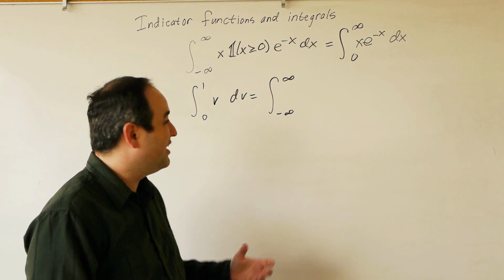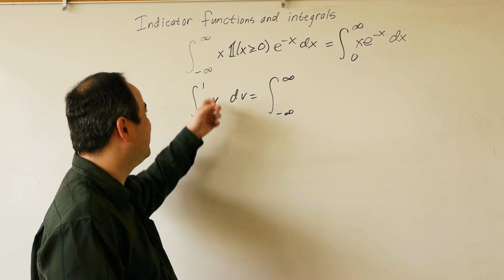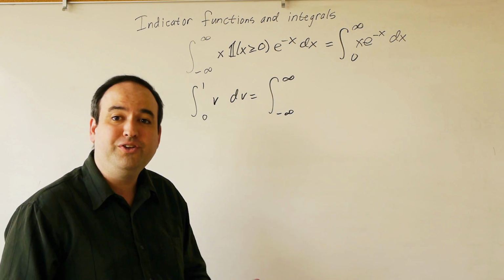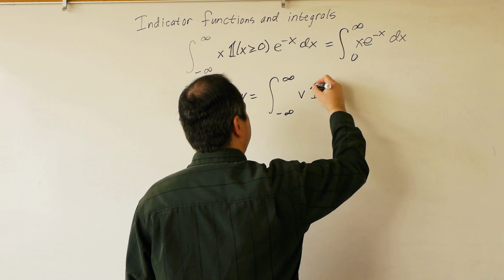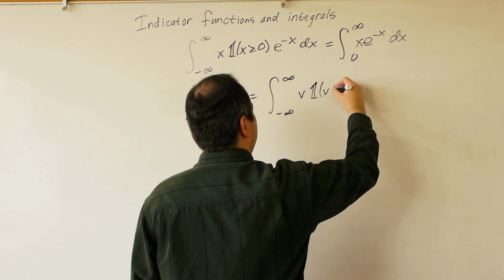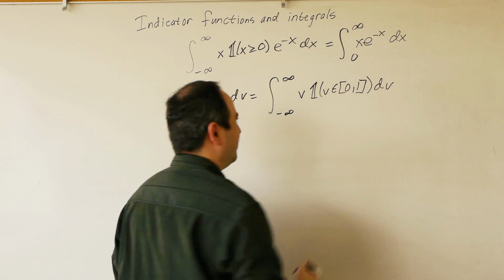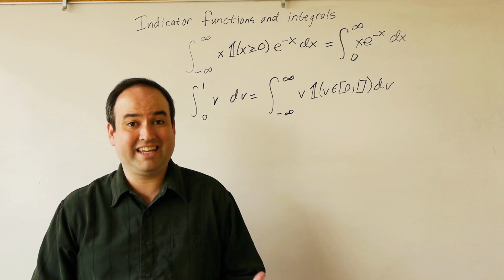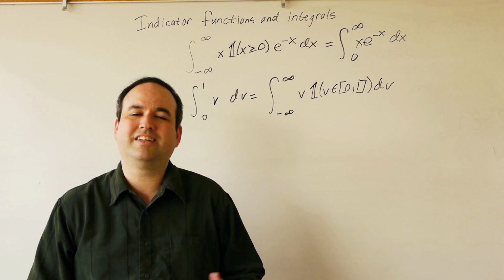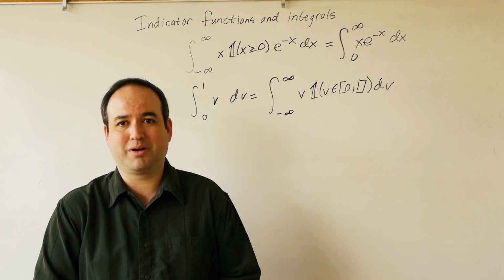Well, I only want the integral to count values of v where v is between 0 and 1, so I can use the indicator function to write this as the integral of v times the indicator v is between 0 and 1 dv. This allows us, with the indicator notation, to drastically simplify our formulas and calculations in probability problems.